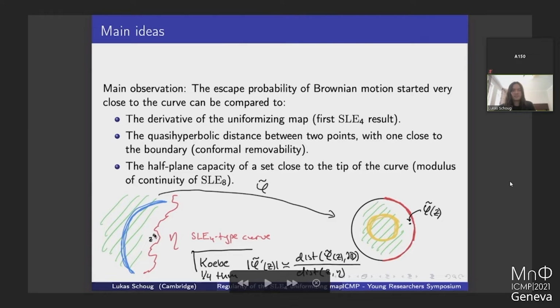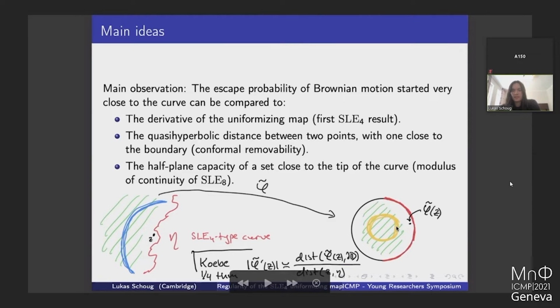The probability that a Brownian motion does not hit the curve, but actually goes out and hits some region which is macroscopically far away, because we were considering epsilon going to 0, is roughly equal to the probability of getting away from the boundary here and hitting this big yellow circle in the middle.